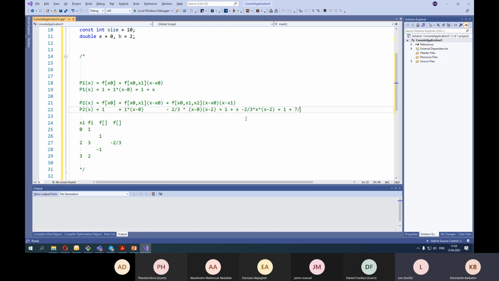We have 7 over 3, right? 7 over 3x minus 2 over 3x squared.